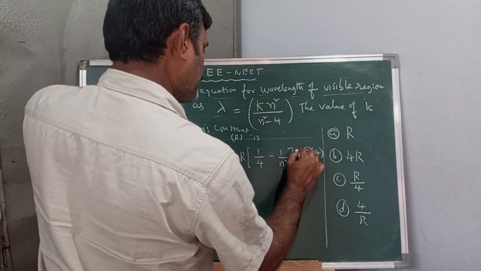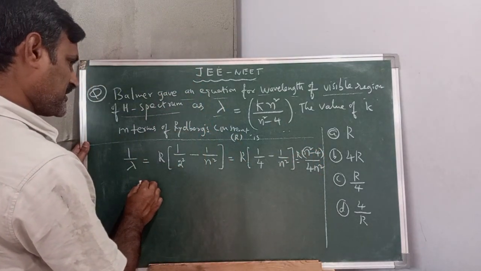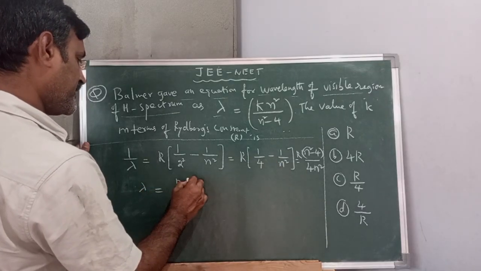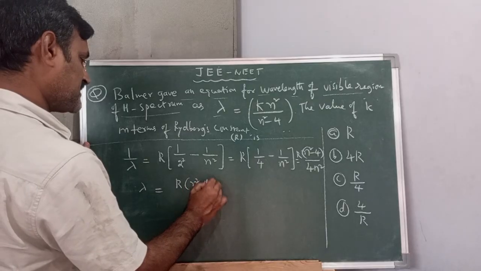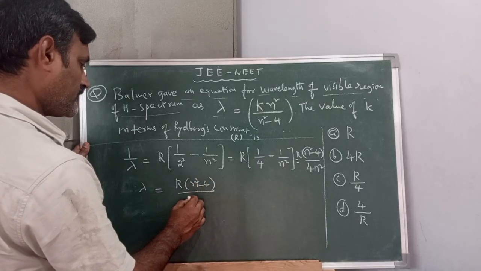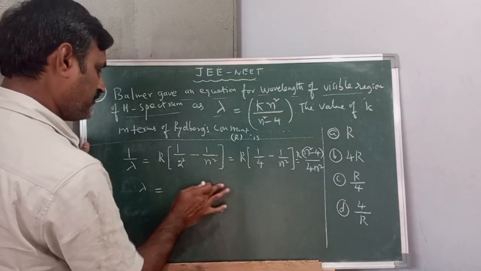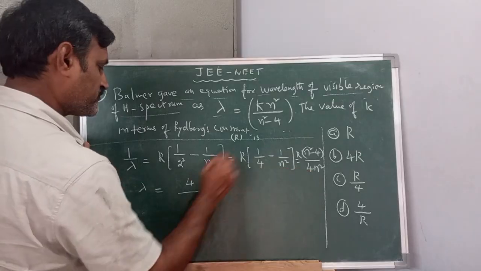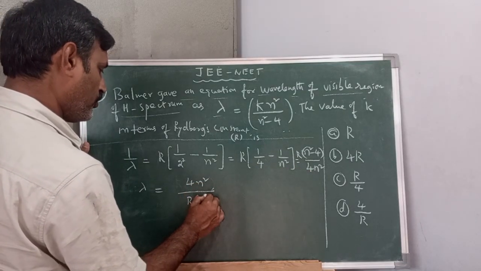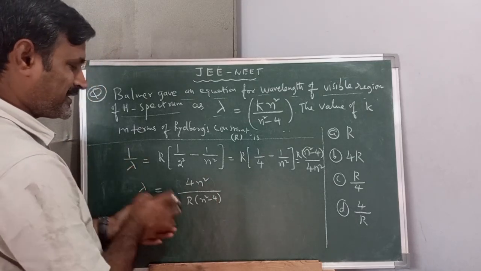Before this we have R. Therefore lambda is equal to 1 by R into (n square minus 4) divided by 4n square. So it will become reverse: 4n square will come in the numerator and R into (n square minus 4) will come in the denominator. So this is the lambda answer we got.